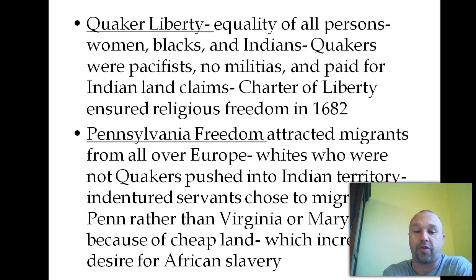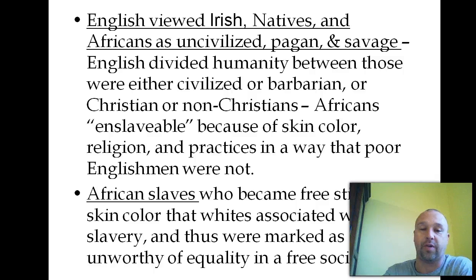Indentured servants chose to migrate to Pennsylvania rather than Virginia or Maryland because the land was cheaper there. And with fewer indentured servants in Virginia or Maryland, there was an increased desire for African slavery, so it had an adverse effect. The English are going to view the Irish and the Native Americans and Africans as uncivilized, as pagans, savages.